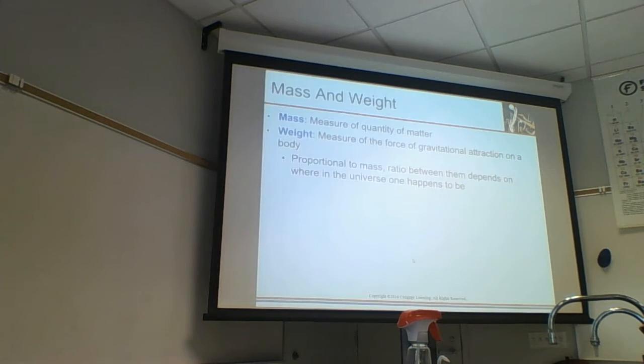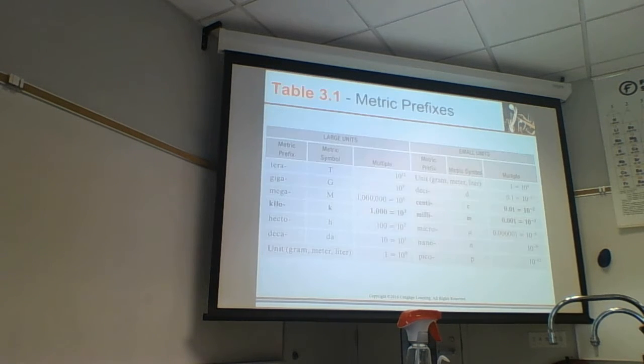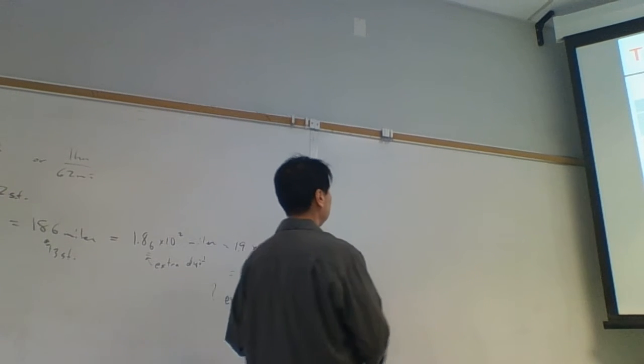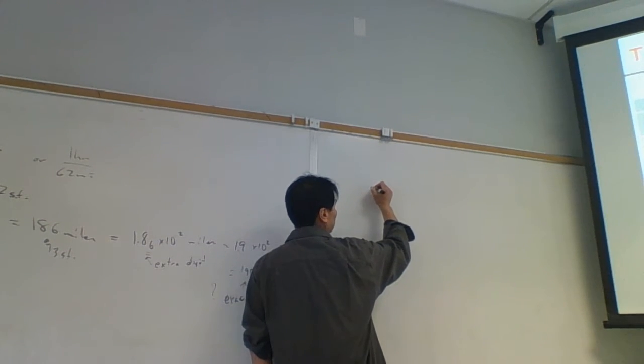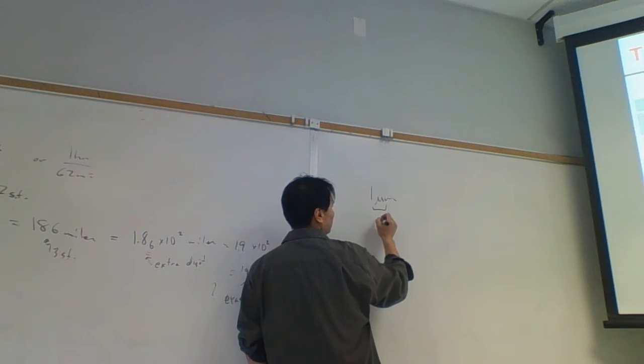Now, coming up with conversion factors is pretty straightforward. The typical way that people do this is like this. If we're looking at 1 micrometer, what is micro? Micro is times 10 to the minus 6.